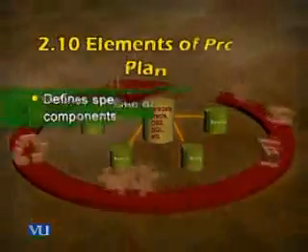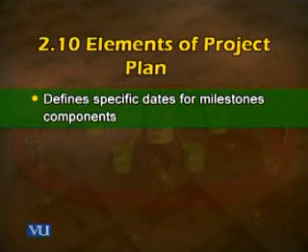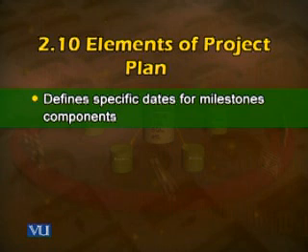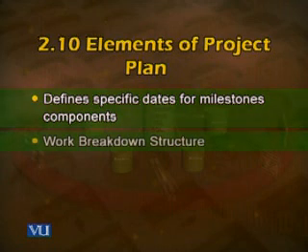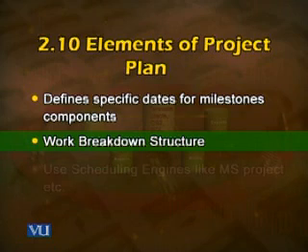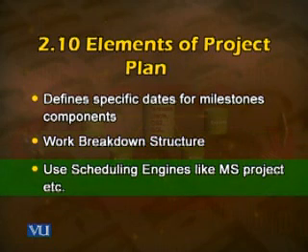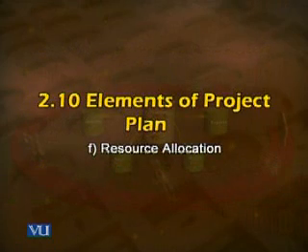Number one, the schedule defines specific dates for milestones, components, tasks, whatever the details your project has. There should be a work breakdown structure. And lastly, you should use a scheduling engine like Microsoft Project or any other application program to prepare the schedule and then to check whether the activities are being done as per schedule.